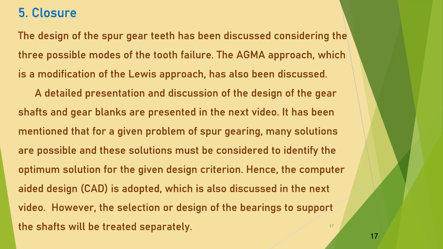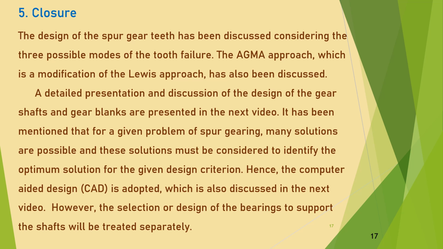The design of spur gear teeth has been discussed considering the three possible modes of tooth failure. The AGMA approach, which is a modification of the Lewis approach, has also been discussed. A detailed presentation and discussion of the design of the gear shafts and gear blanks are presented in the next video.